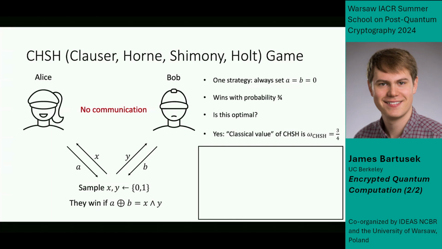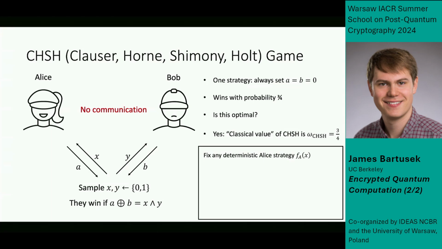So here's one way to prove that 3/4 is optimal. The first thing we can do is fix any deterministic Alice strategy. In general, Alice and Bob can use some randomized strategy, maybe they share some random string. But in this classical setting, any randomized strategy is really just a probability distribution over deterministic strategies.